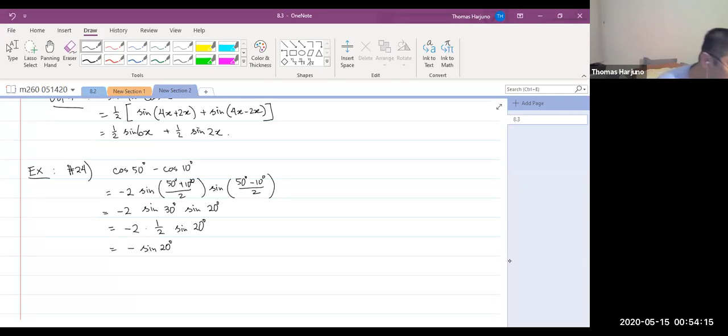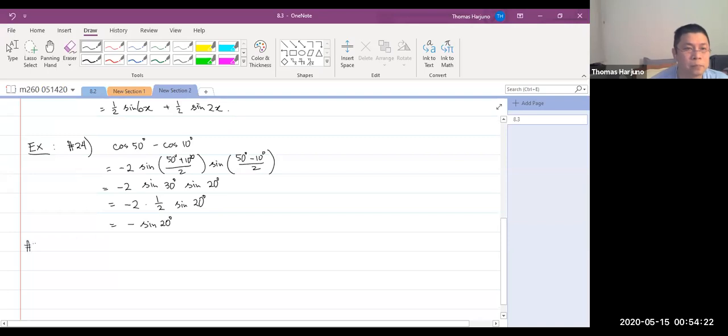How about proving? Like number 38. Prove that sine of theta plus phi times sine of theta minus phi equals sine squared theta minus sine squared phi.